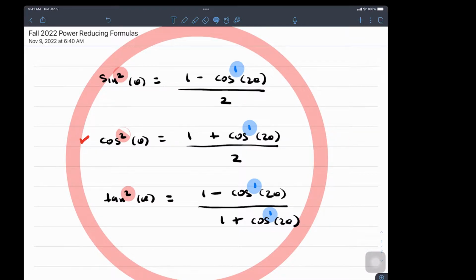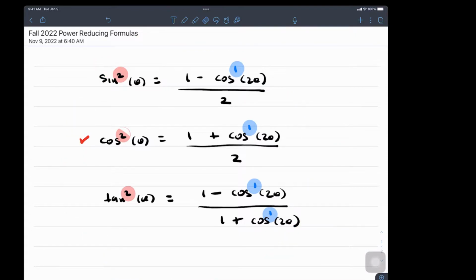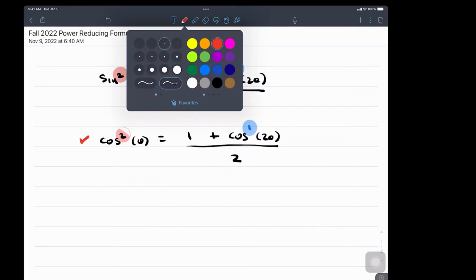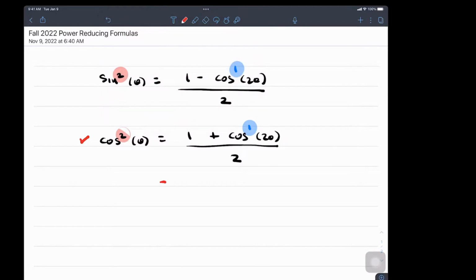This is the easier version to use. I'm going to erase this, and this, because they don't even give you examples with tangent. And I'm going to give you the more useful version. This is 1/2 times 1 plus cosine 2 theta, okay? This is more useful. That's the same though.